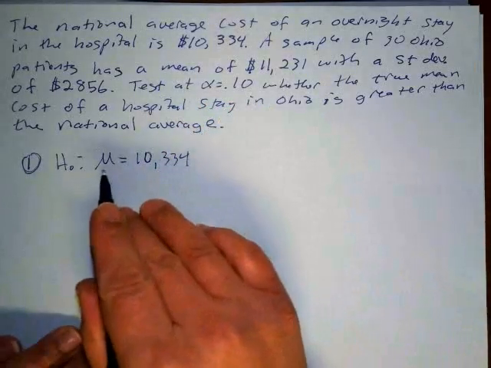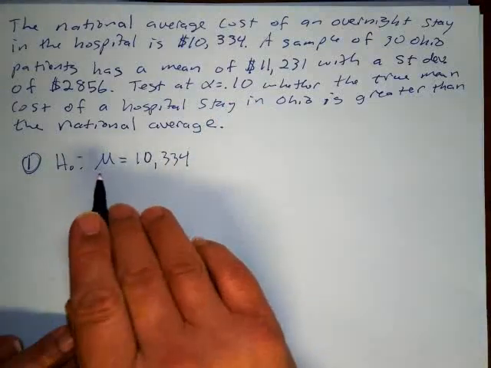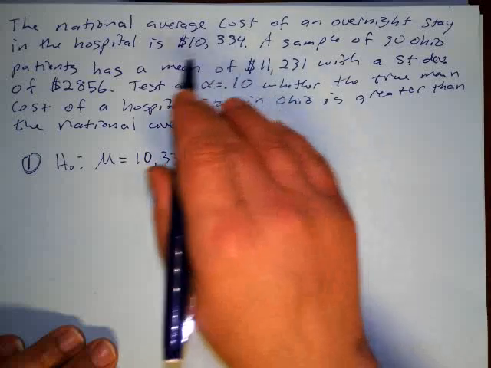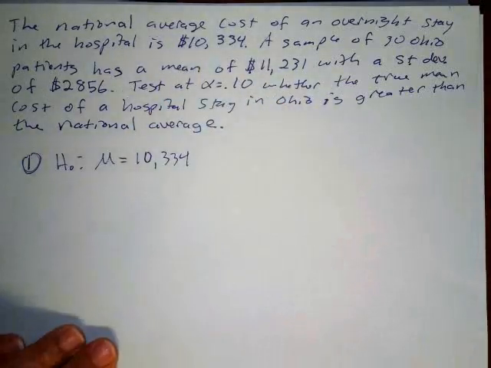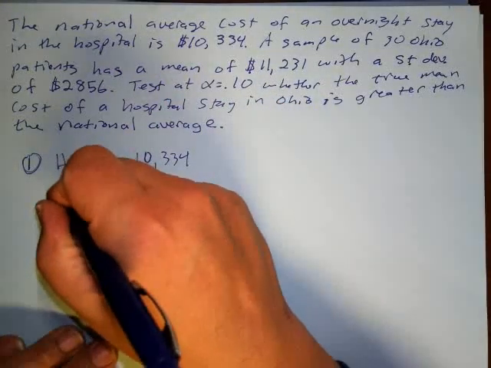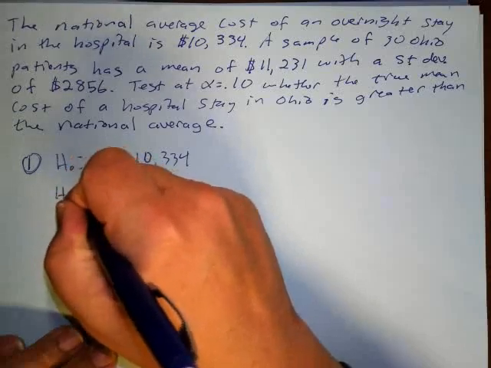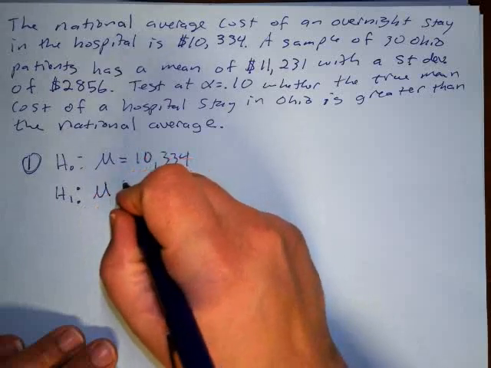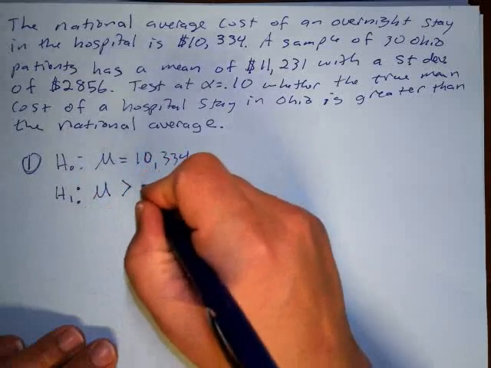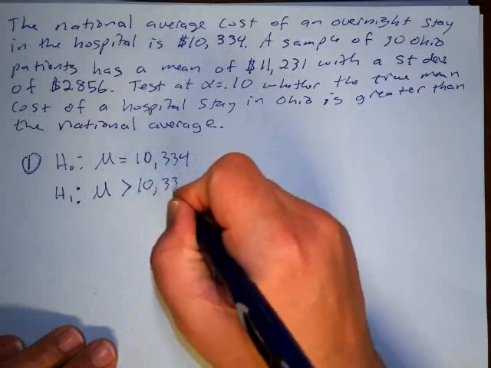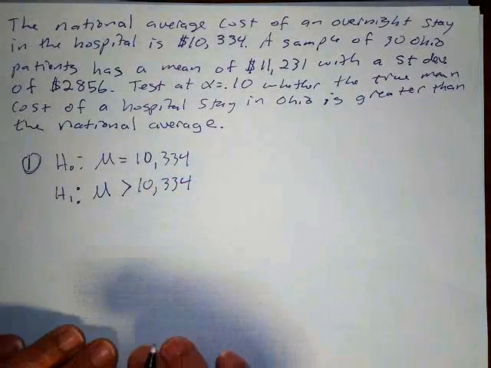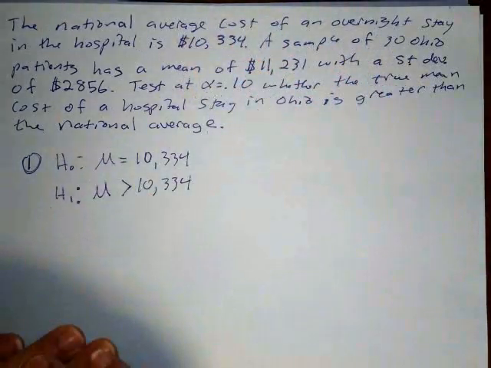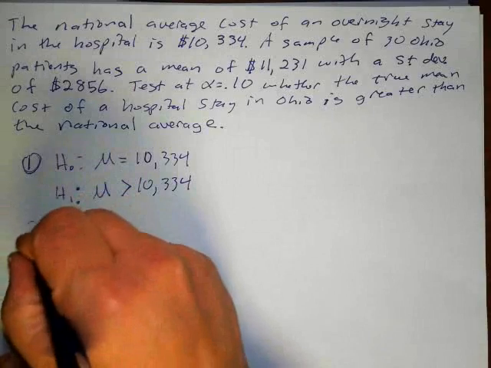This mu represents the true mean cost of an overnight hospital stay in Ohio. The alternative says maybe it's actually more in Ohio, greater than 10,334. This greater than means we have a right-tailed test.